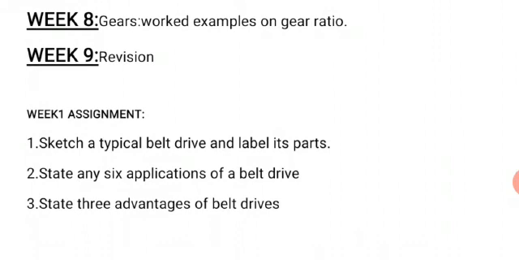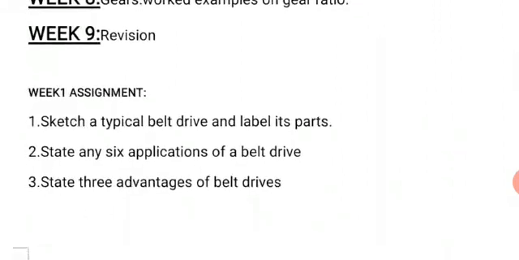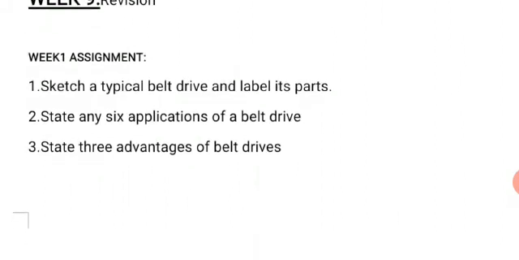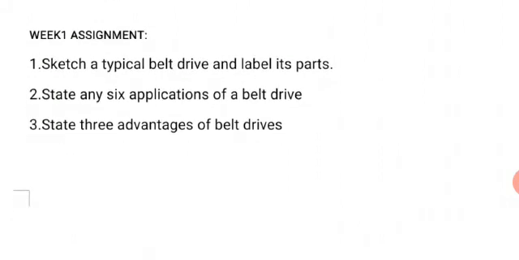Number one question, as we can see on the screen, states that we should sketch a typical belt drive and label its parts. That one carries 2 marks. Number 2 question, you have to state any 6 applications of a belt drive.